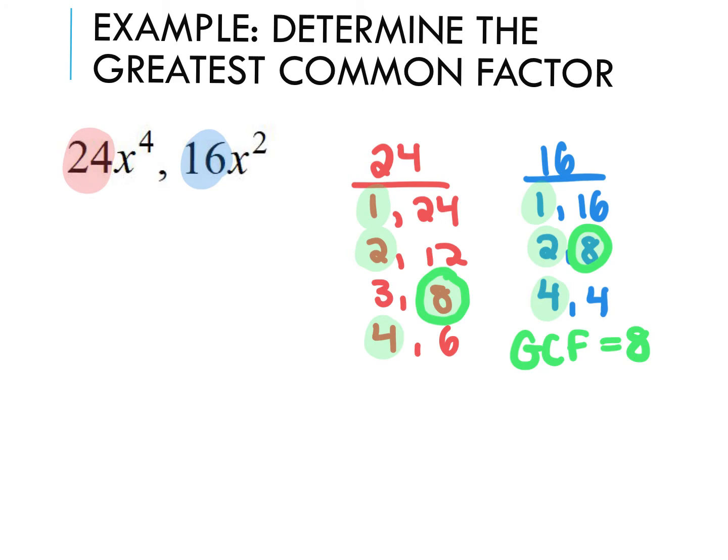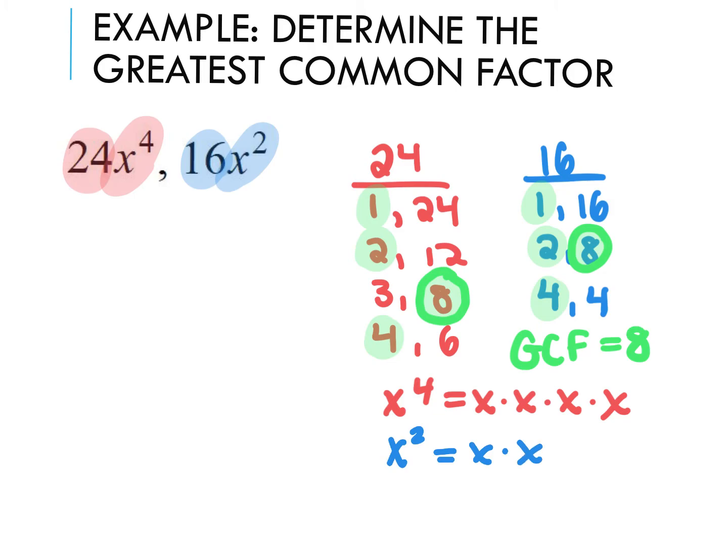Then we're going to consider the variables. So the first variable that I'm looking at is this x to the fourth, which we know x to the fourth is really x times x times x times x. And we have x squared in the second term, which we know means that there's really x times x. So if I'm considering what's in common, these both have two x's.